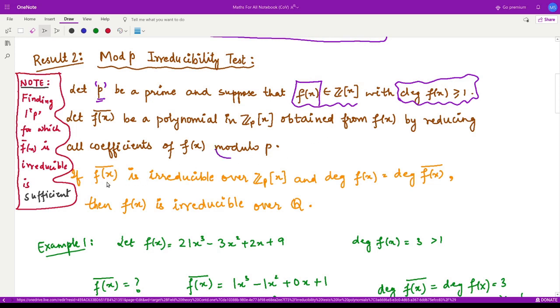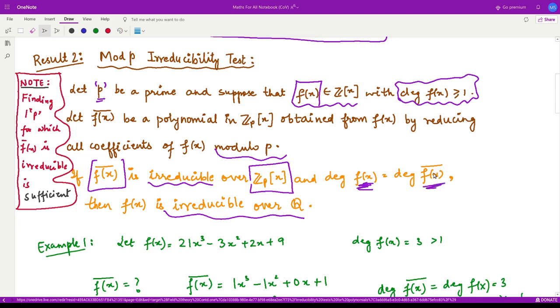And now this reduced polynomial f̄(x) is checked over Zp[x]. If this is irreducible over Zp[x], then the original polynomial is irreducible over Q, provided the degree of the original polynomial and the reduced one is the same, right?